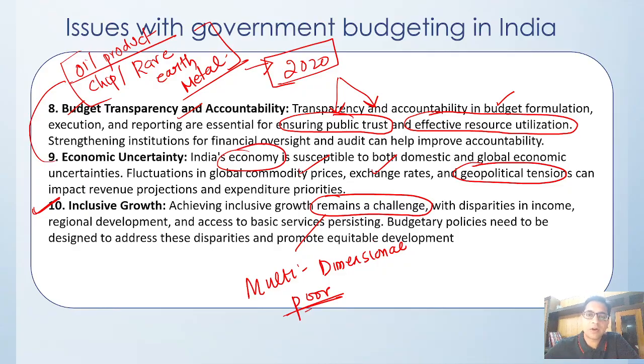Regional development is not happening, only certain sectors of the country are getting developed, and people are not even getting proper basic services like healthcare, education, and insurance. So that is why we need to design the budget in such a way that it helps in achieving all these objectives properly. Then only can we call the budget process an inclusive growth process and an equitable development process.